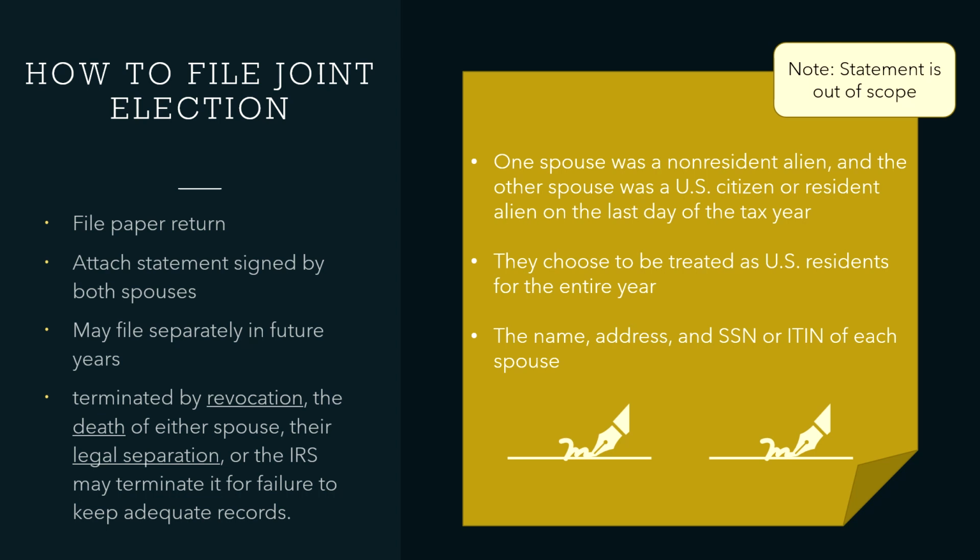Now, in future years, they can choose to file jointly or separately, and we can help with those returns. The agreement is only terminated by the revocation of either spouse, the death of either spouse, or their legal separation. And then it's possible that the IRS could terminate the election for failure to keep adequate records.